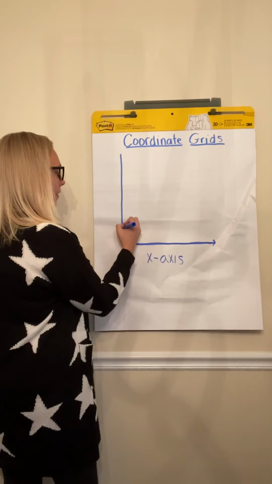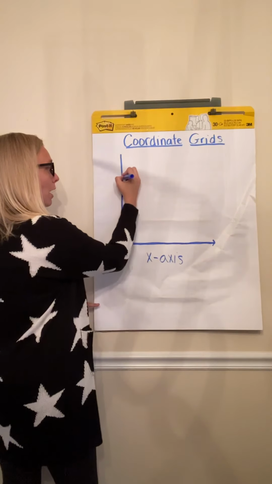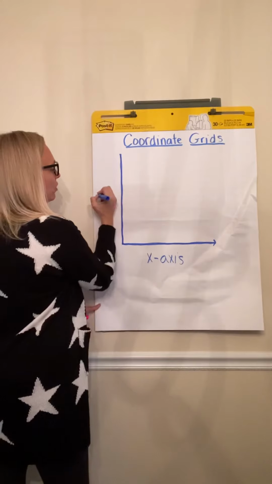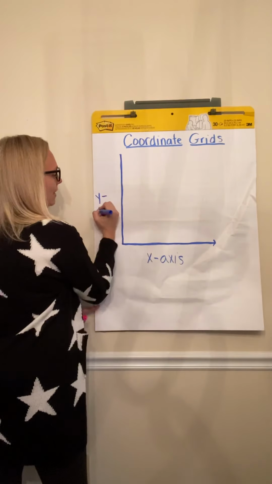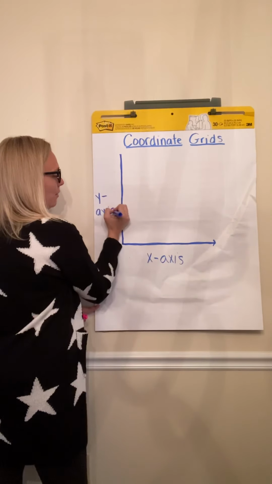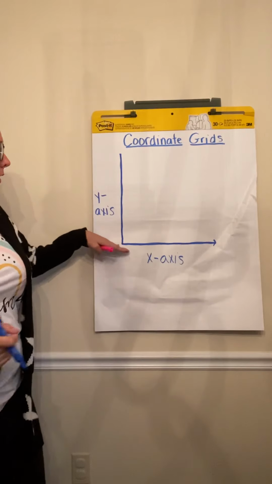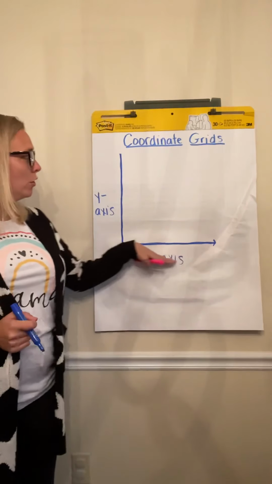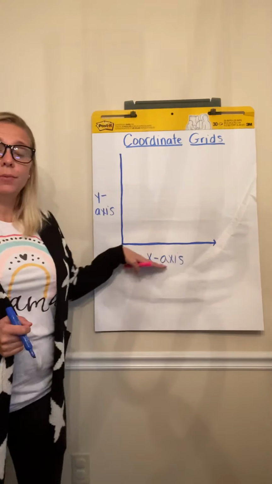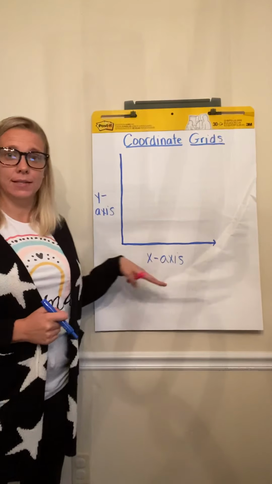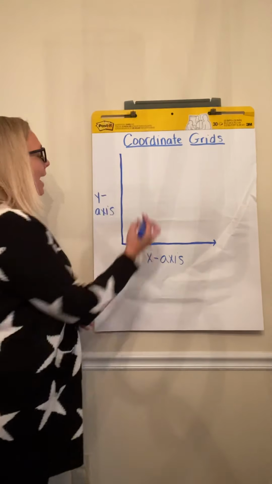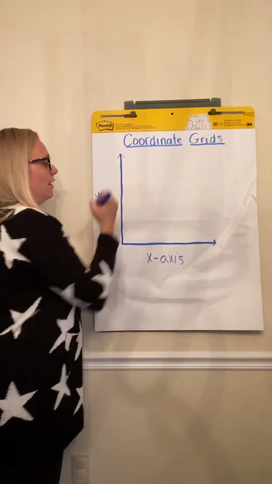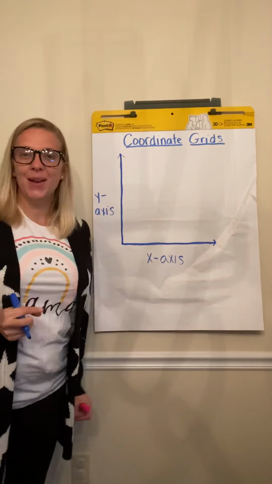And then the line that runs vertically, or up and down, that's actually called the y-axis. Okay, so it's important that you know that when we're running horizontally or side to side, we're talking about the x-axis. And when we're going up and down, we're talking about the y-axis, okay?